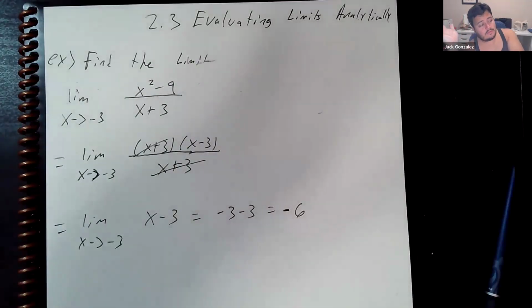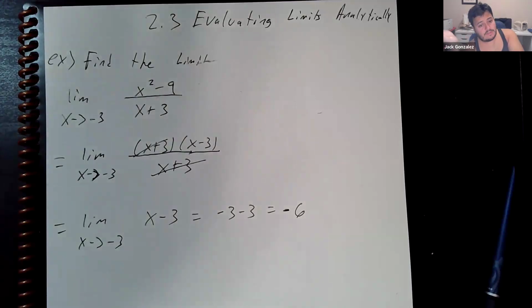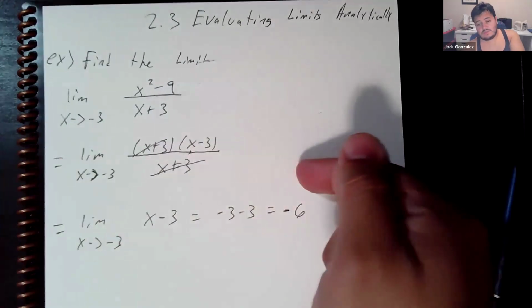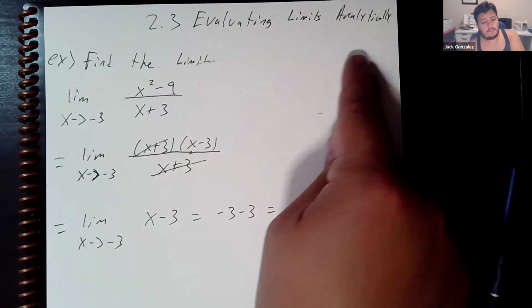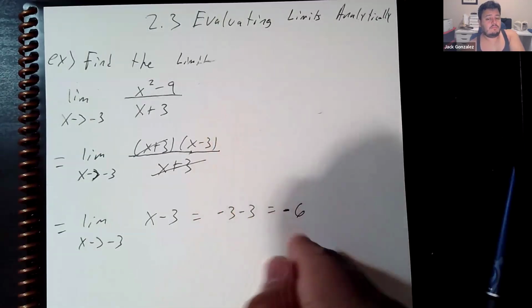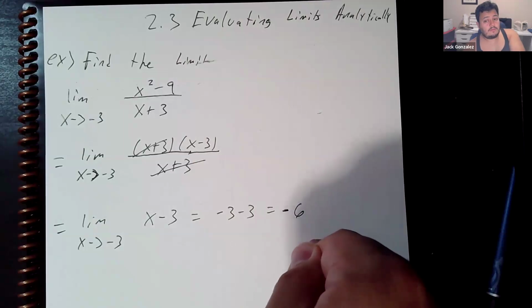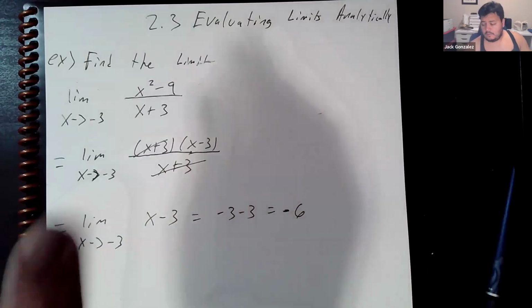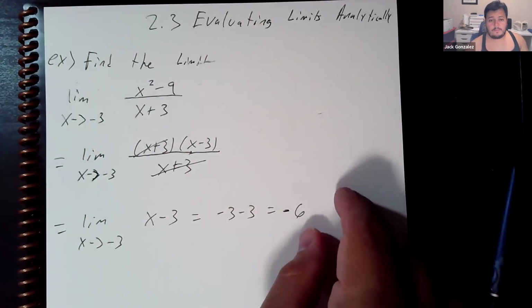The other one was looking at it graphically, what's happening. And then the third technique we just did is algebraically, analytically: factor stuff, and then plug in the number. There's a few different ways to do it analytically. Do you have any questions on this example?